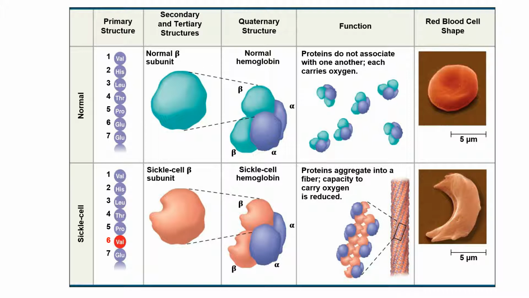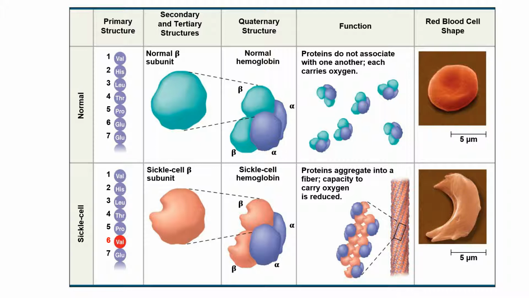Here you have the primary structure of your normal hemoglobin molecule. You notice that the 6th amino acid is a glutamate. But in your sickle cell anemia protein, it's actually a valine.